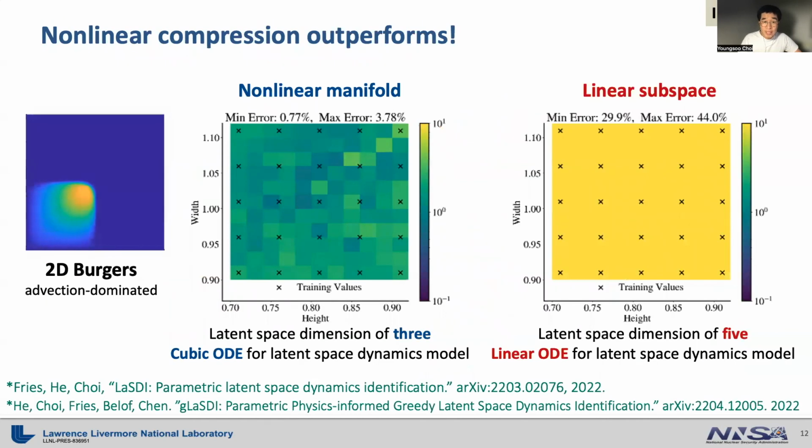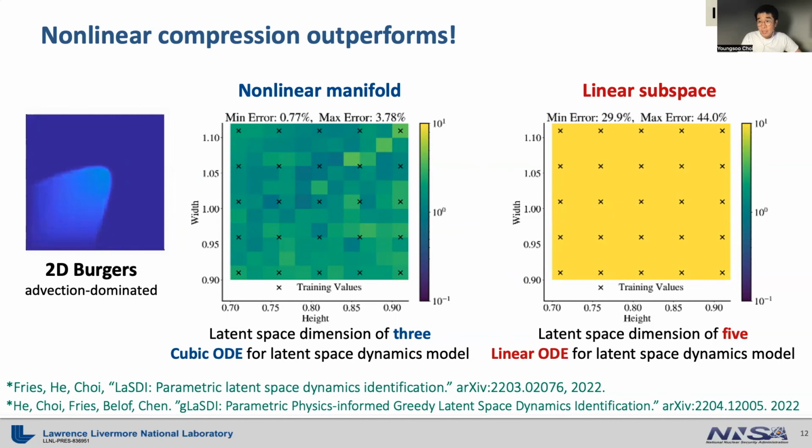To demonstrate that, here we have applied both nonlinear and linear compression-based LaSDI framework to advection-dominated 2D Burgers simulation. For nonlinear compression, we chose a latent space dimension of 3 and cubic ODE for latent space dynamics model, while for the linear subspace, we choose 5 for latent space dimension and linear ODE for latent space dynamics model.